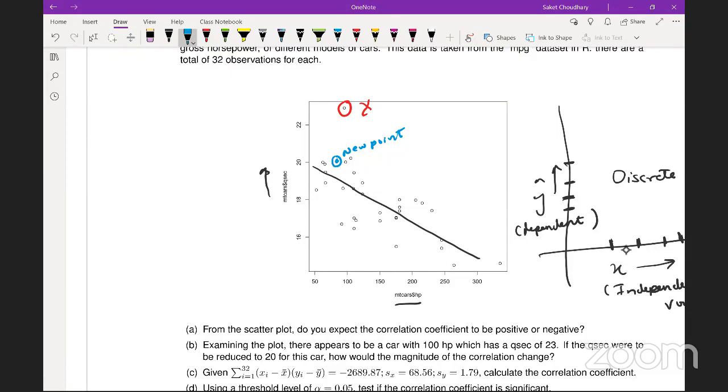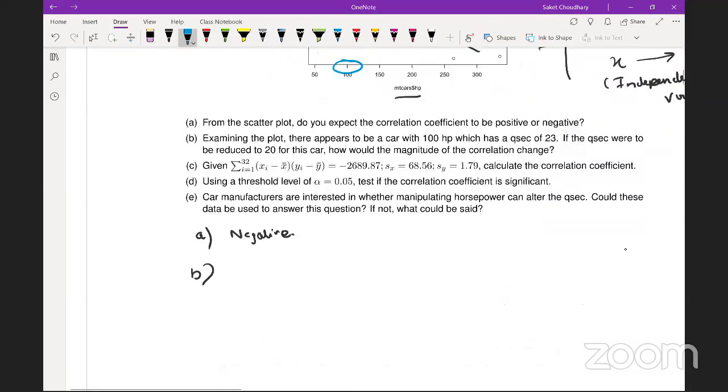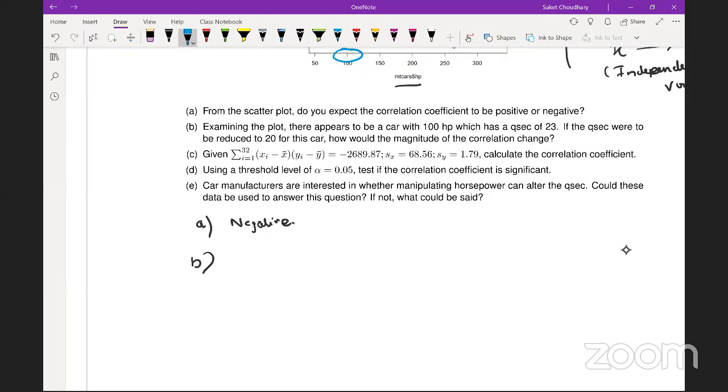Because it seems to be an outlier, and hence if you are in this range of horsepower, then you expect the particular y values to be lying around somewhere in this domain. But the red point here is an outlier, and hence it's kind of negatively impacting the absolute magnitude.